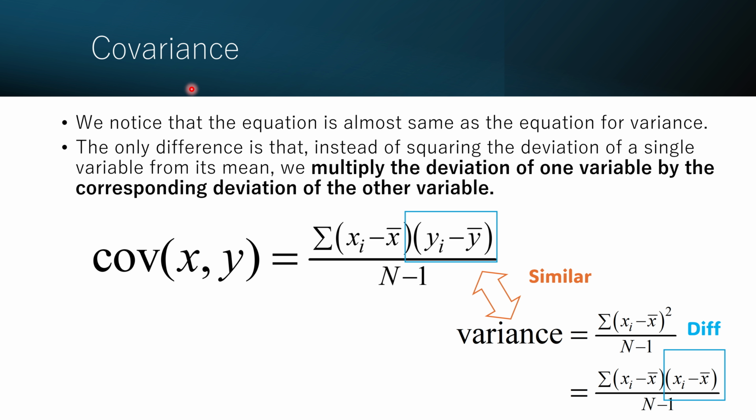I want to continue the covariance explanation. This is the covariance and this is the variance. The difference is here. In the covariance case, x deviation is multiplied by y deviation. In the variance case, x deviation is multiplied by x deviation.